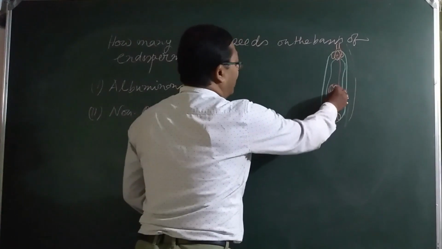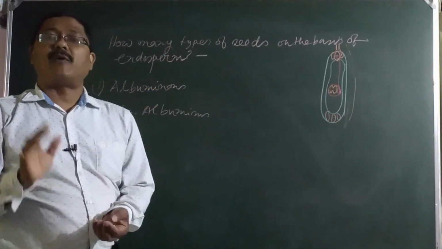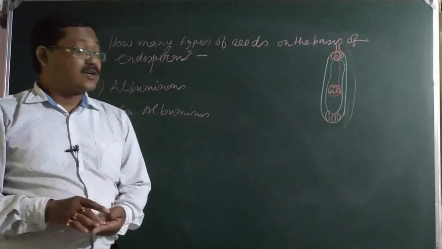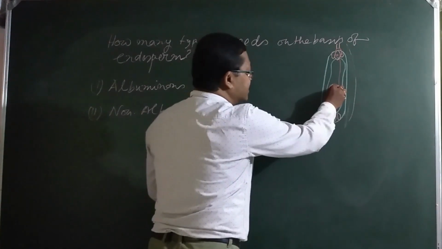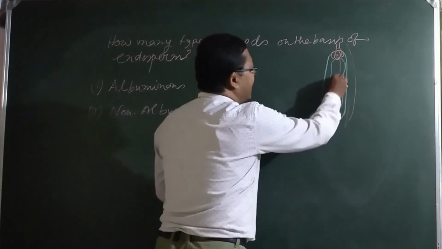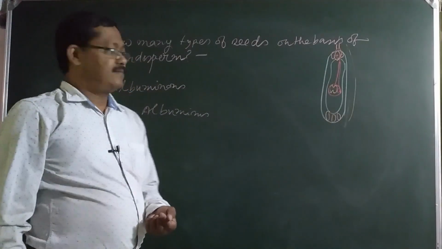From the endosperm mother cell, the cells divide and redivide, forming the endosperm. This endosperm contains numerous food materials, which are supplied to the growing embryo for its development.